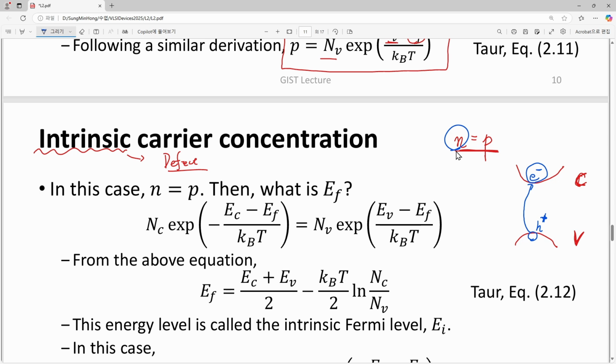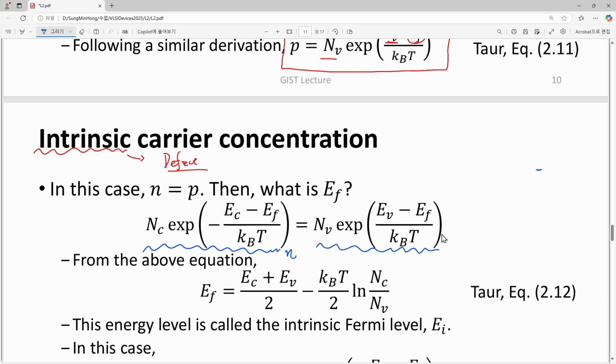That's the reason why we can say that in this case, electron density and hole density are the same. So if we adopt this condition, then this is the expression for electron density, and this is the expression for hole density, and they should be the same.